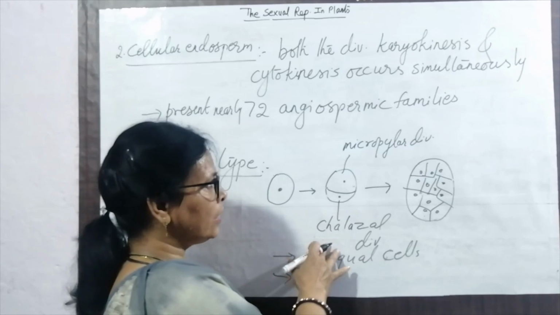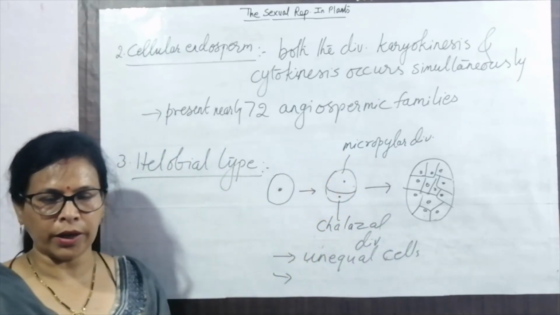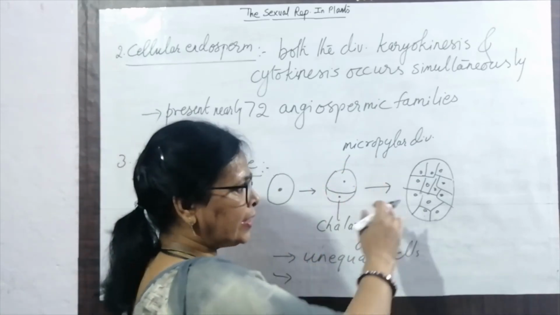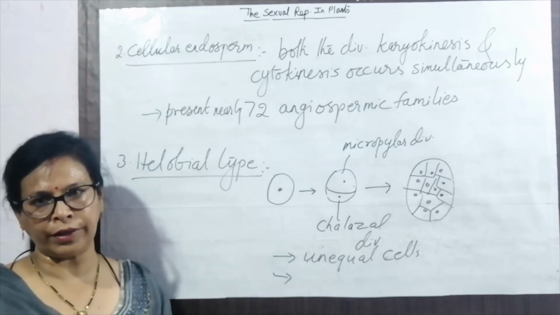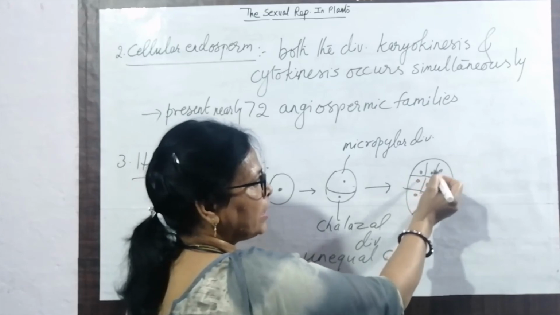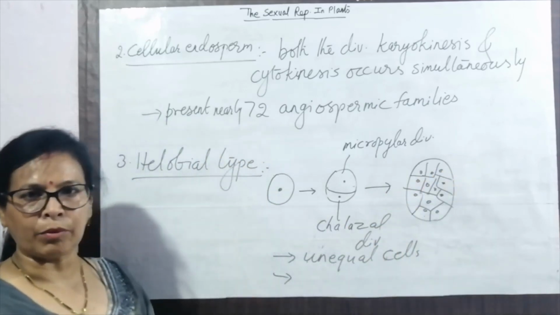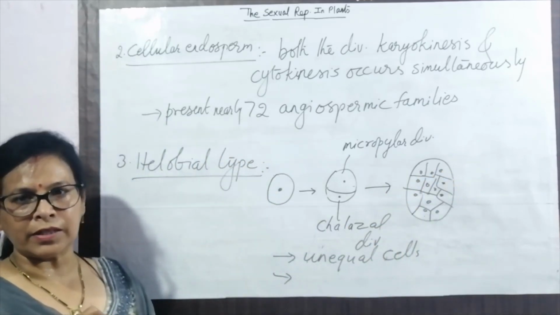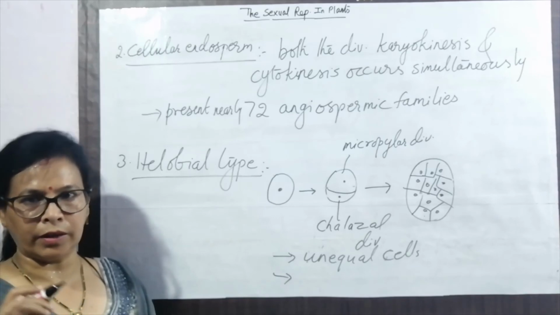This is the micropylar end, and this is the chalazal end. These two cells are unequal, one smaller and one larger. Then the number of cells increases, 2 to 4, 4 to 8, and after that the septa are formed. This type of endosperm development is called the helobial endosperm.